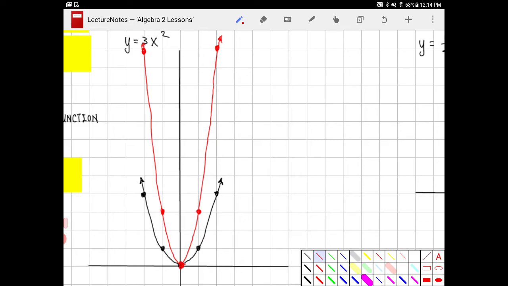So how would you describe this? Well, this is not a translation whatsoever. We're not moving this left, right, up, or down. What's happening is the parabola is vertically stretched.